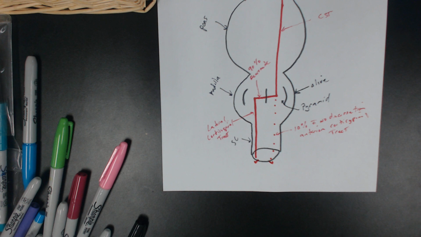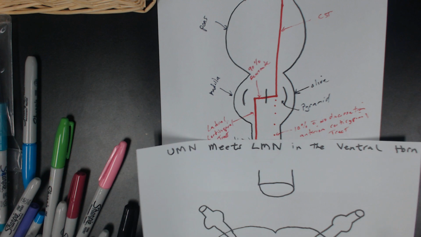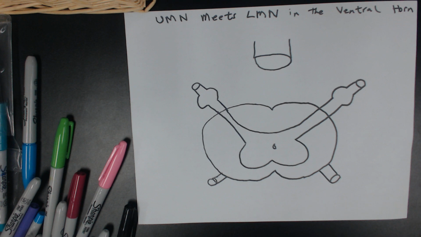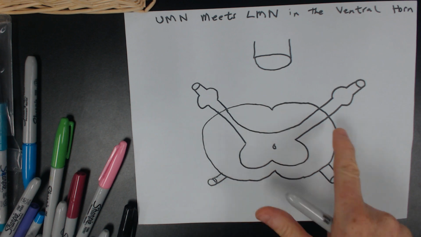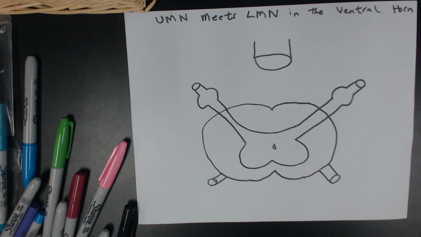Moving on to the next picture, I'm just going to continue this on right here. We have the spinal cord, and this is just a transverse section of the spinal cord that we've seen before. Start labeling.